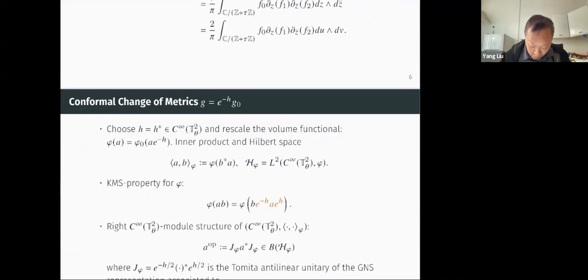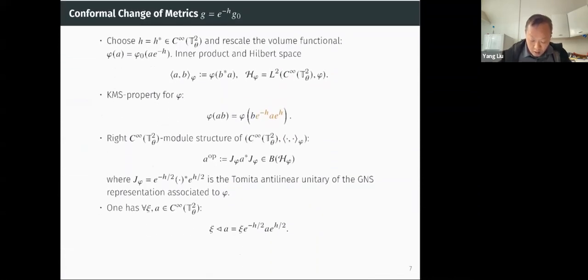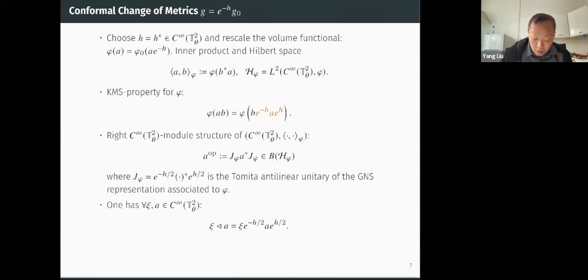Here I want to explain a construction that resembles this conformal change of metric by a Weyl factor of the form e to the minus h. The starting point is that we change the volume form. We know that if we change a metric by a Weyl factor, that's basically how we rescale this volume, right?